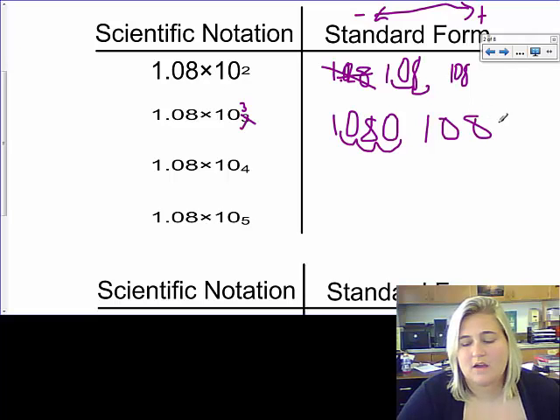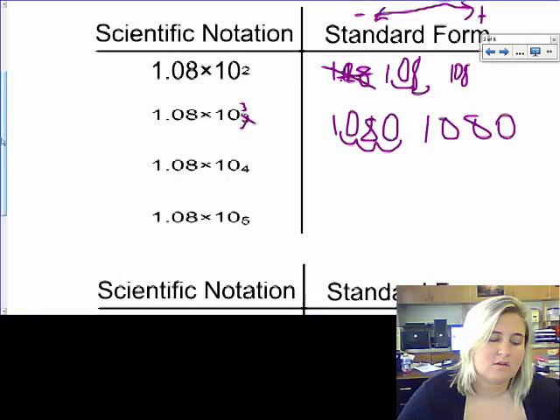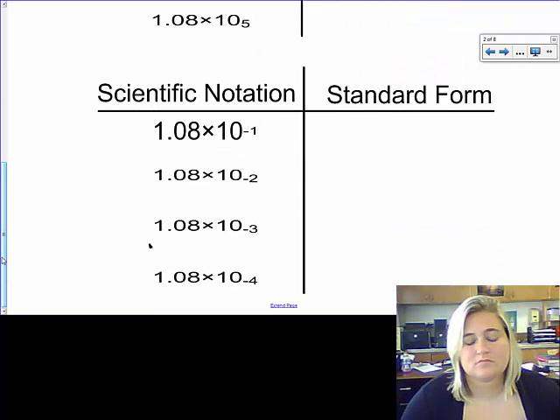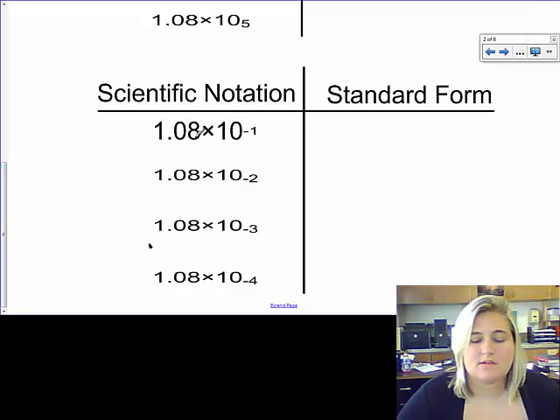Okay, and I want you to go ahead and finish those last 2 on your own paper for me. On problems like this, I have 1.08, the same number we've been dealing with, but this time it's raised to a negative exponent. Whenever it's raised to a negative exponent, we have to move in the negative direction.